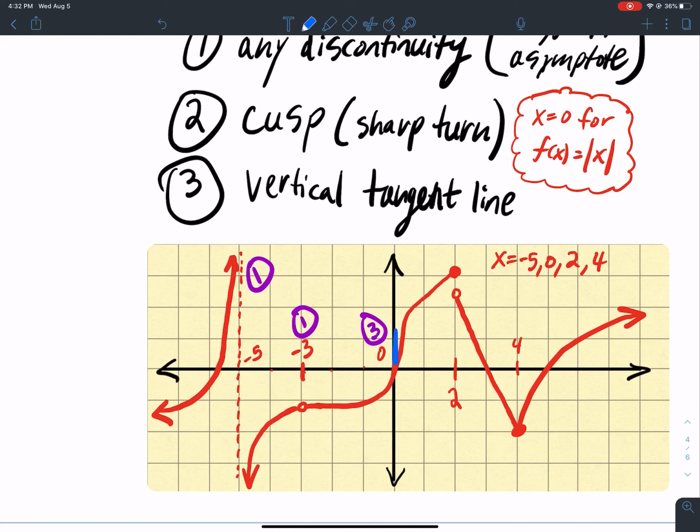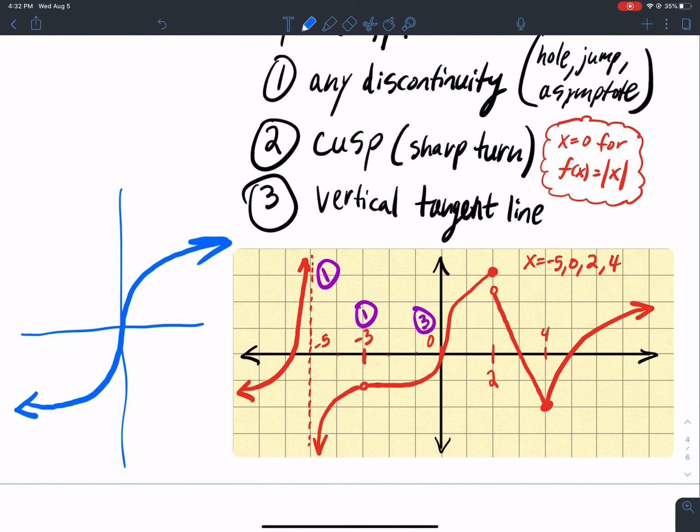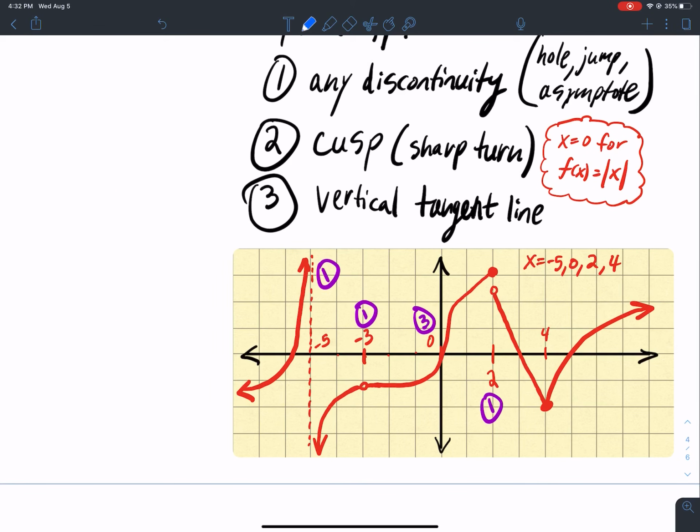There's actually this vertical tangent line going on here, okay? So when you have a scenario where you've got a vertical tangent line, an example here, I don't know if you remember the cubic function. So the cubic function kind of looks like this when you graph it. It's got that vertical tangent line going on right there. The cubic function is actually not defined for x equal to 0. Okay, so that's the scenario that's going on here.